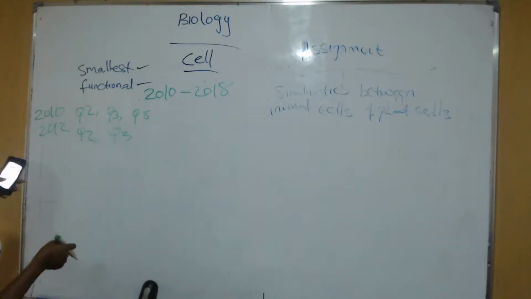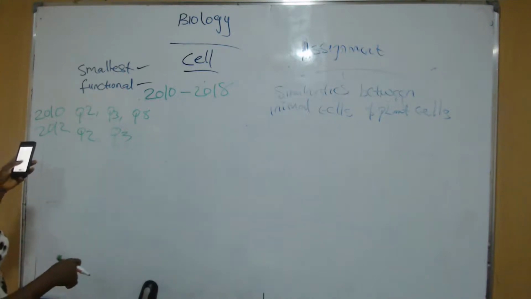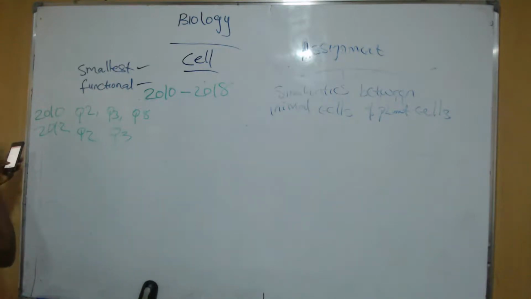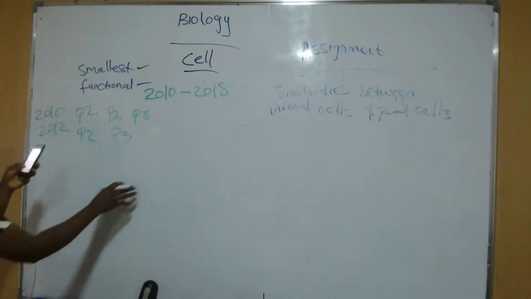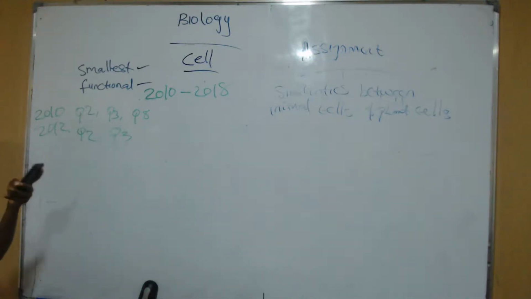Here, they gave a structure of the cell. That is the structure of an animal cell. And the question they asked: the organelle responsible for hereditary is labeled what?